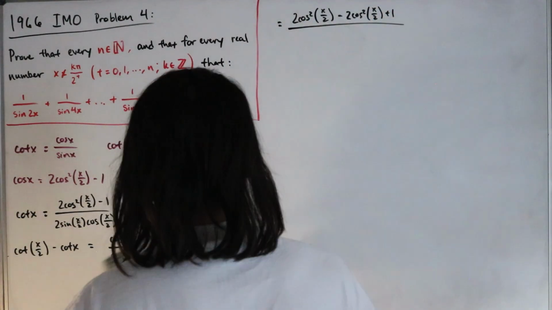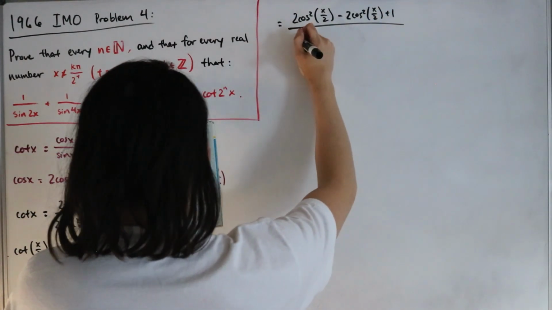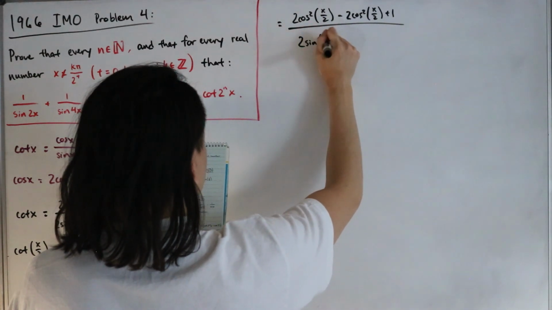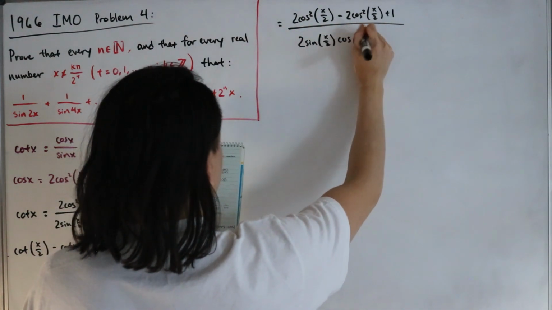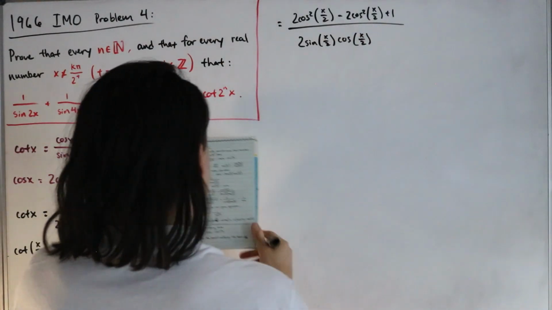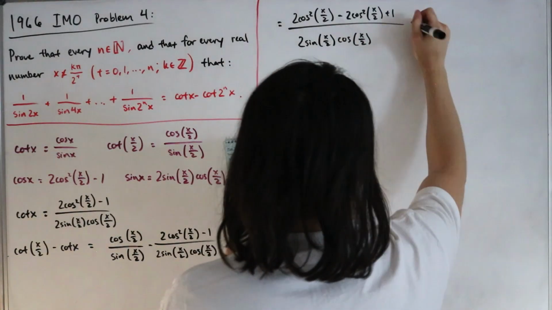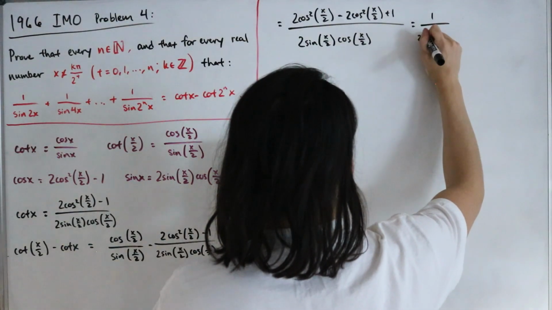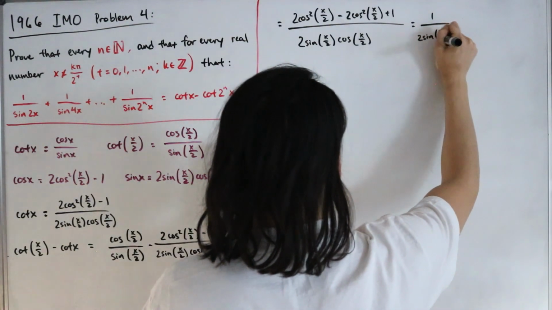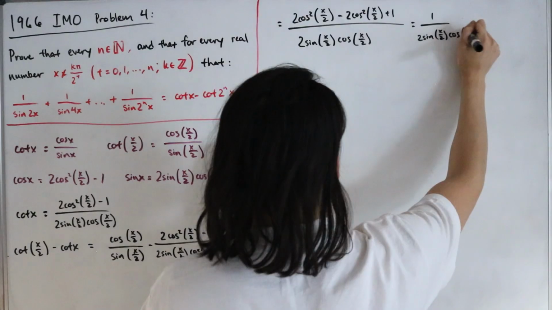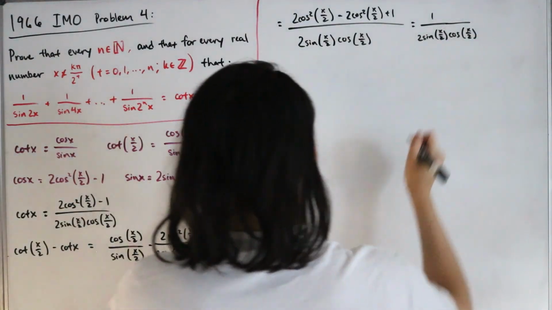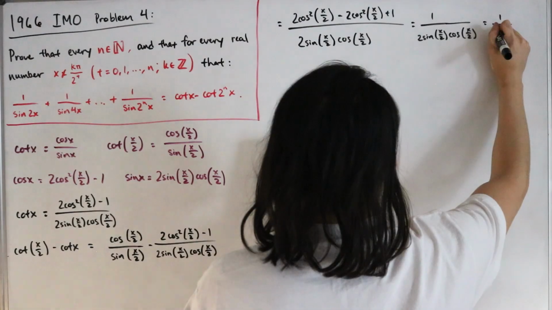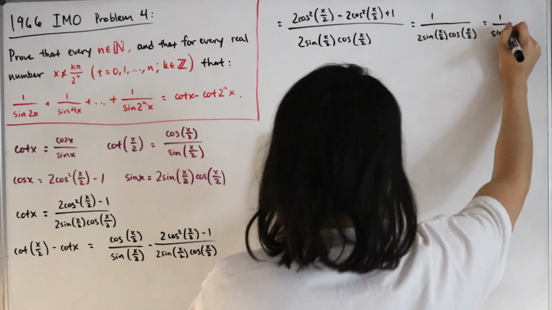All this being divided by the common denominator, 2 sine of x divided by 2 and cosine of x divided by 2. As you notice, these terms just cancel, so we're left with 1 divided by 2 times sine of x divided by 2 multiplied by cosine of x divided by 2. And so that simply leaves us with 1 divided by sine of x.